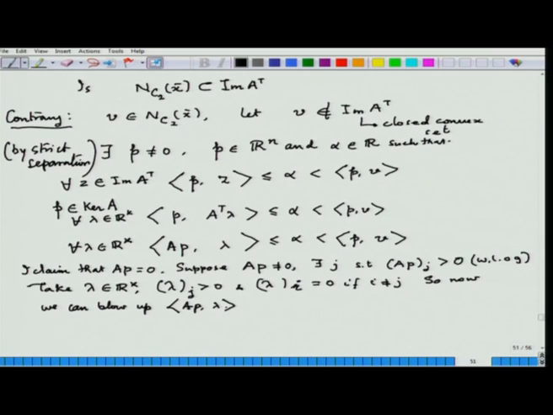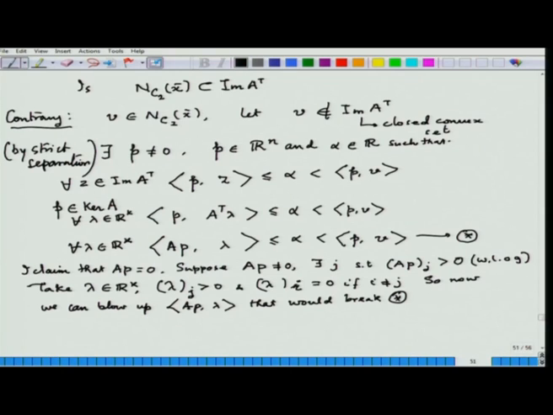Since I can blow up AP lambda, that would break this inequality, which I cannot do.